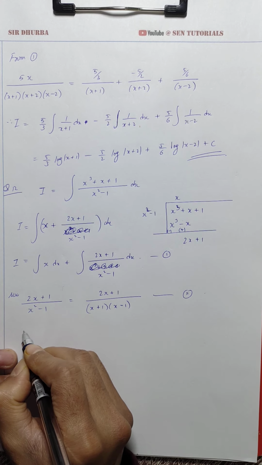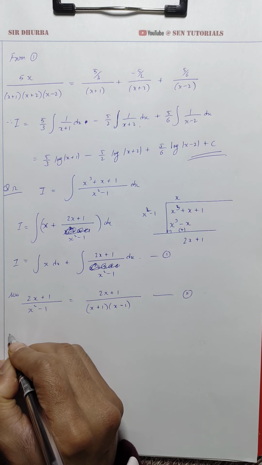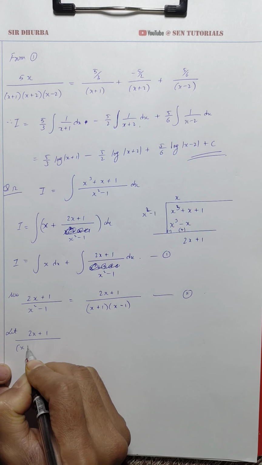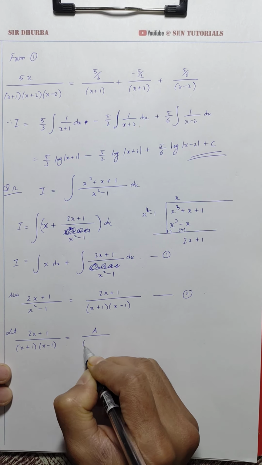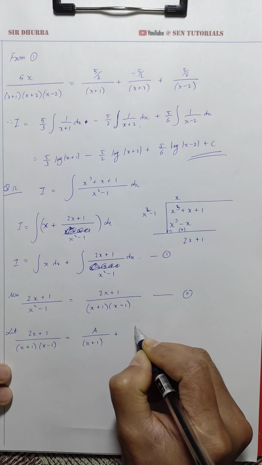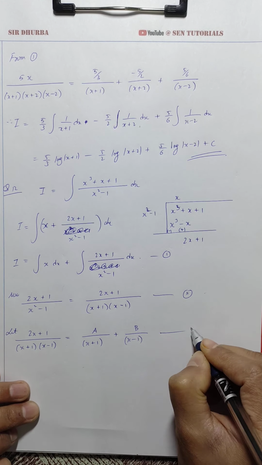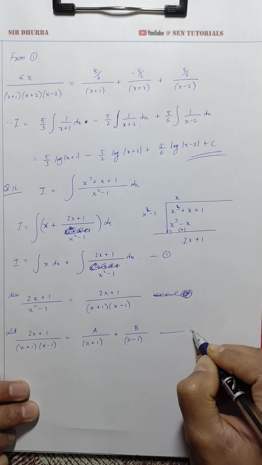So let's simplify this. So let 2x plus 1 divided by x plus 1 into x minus 1 equal to a by x plus 1, this is also non-repeating, b by x minus 1. Let this be equation 2.